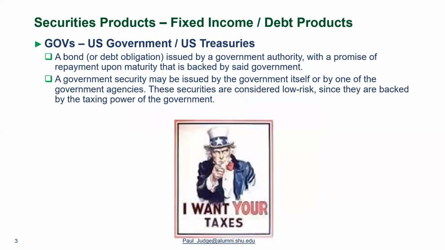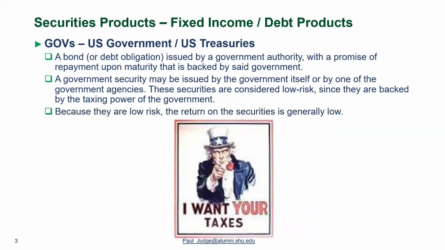So since the government can tax you, they're considered low risk because you know that the government will be able to pay, unless, of course, as you follow the newspaper, the government defaults on payment and does not pay, in which case that would be catastrophic for the government in their ability to borrow money in the future and issue future securities.